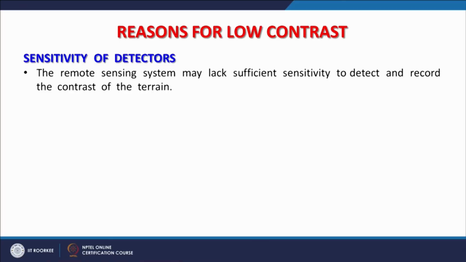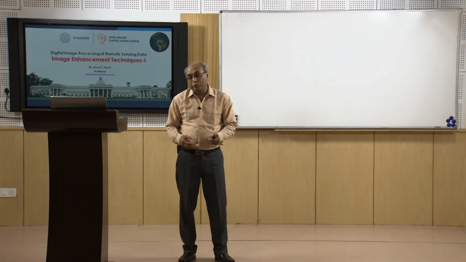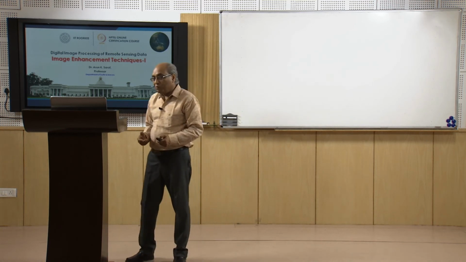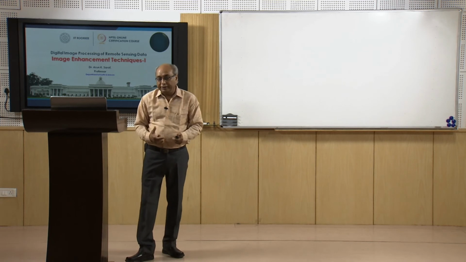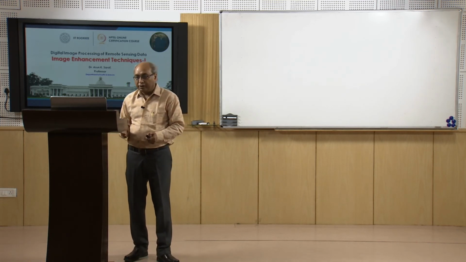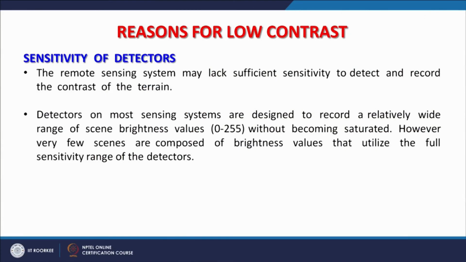These problems were there earlier when we started civilian remote sensing in 1972. But now things have really improved, and image quality, spatial resolution, radiometric resolution, all the resolutions are improving. Detectors on most sensing systems are designed to record a relatively wide range of scene brightness values, 8 bits, 0 to 255, without becoming saturated.